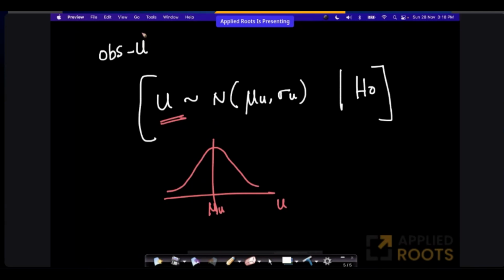Now I'll take the observed u from my actual setup. Suppose this observed u falls here, or if this observed u falls here, then look at this. Okay, so let me draw this curve better. So let's assume I have this. Then let's assume this is your observed u.